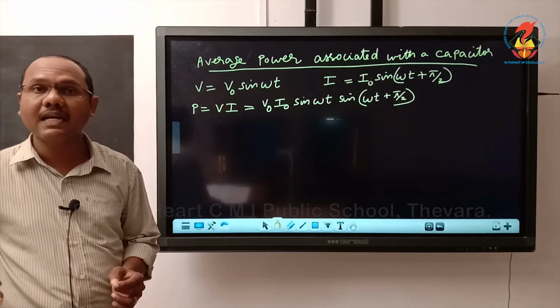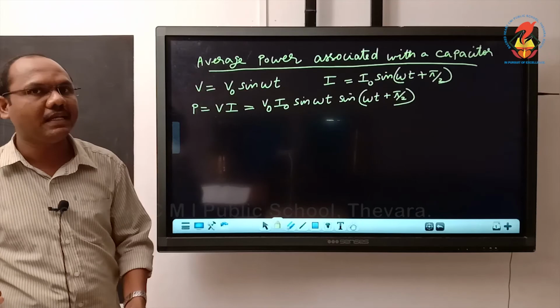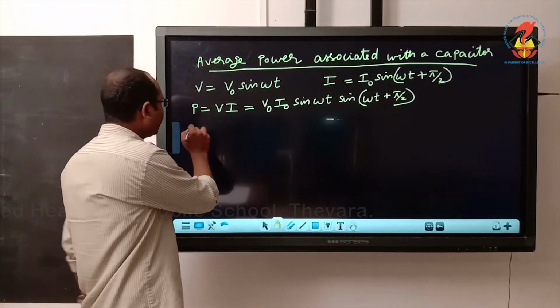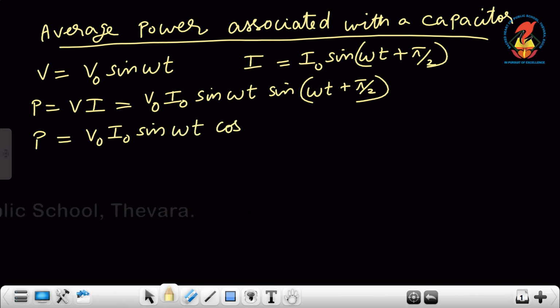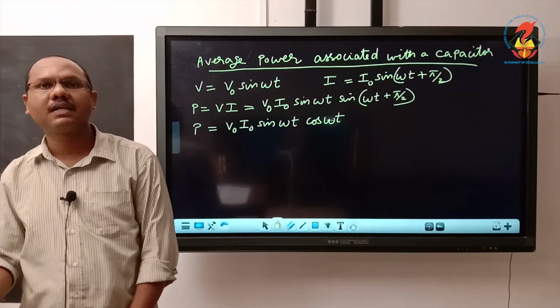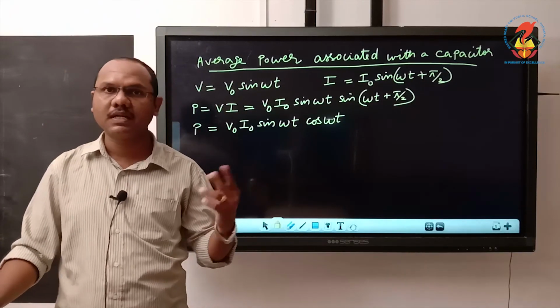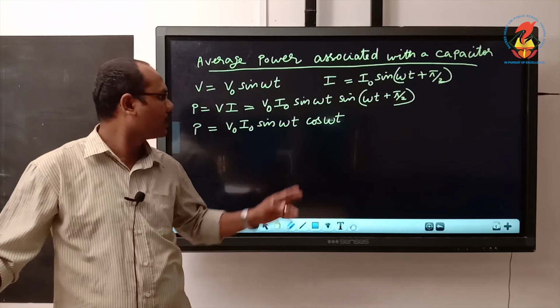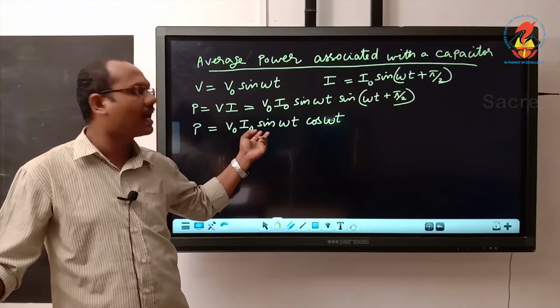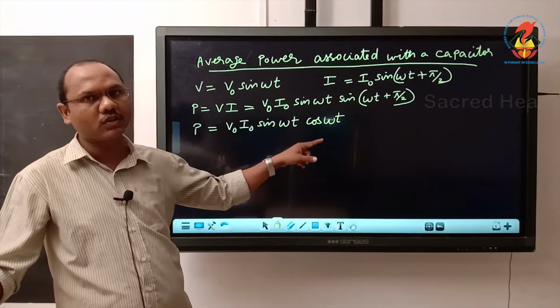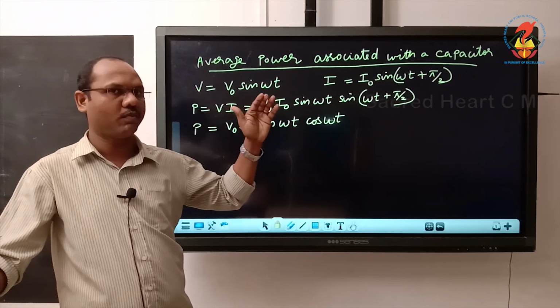Now what is sine 90 plus theta? Cos theta. So I can write P is equal to V0 I0 sine omega t cos omega t. And remember the trigonometric equation we used in the last derivation: sine 2 theta is 2 sine theta cos theta. So I am using that trigonometric relation.